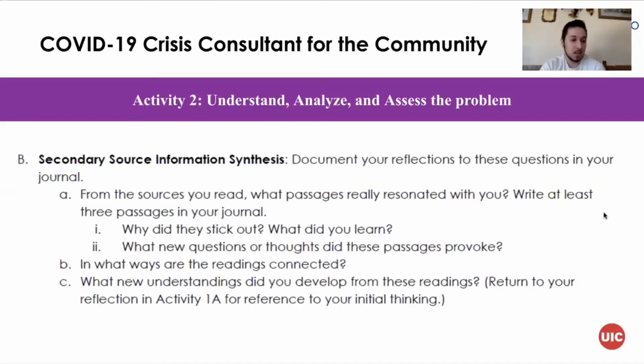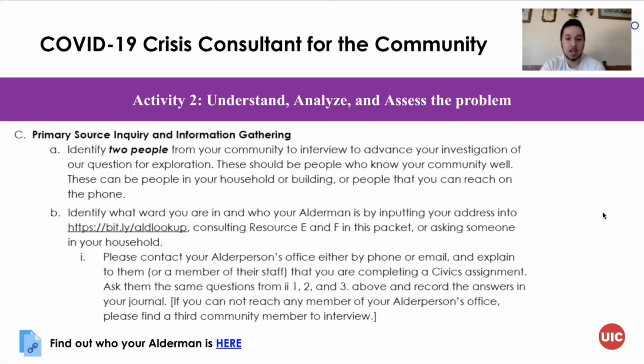In the next slide, we want you to identify 2 people in your community who are somewhat leaders. It could be a religious figurehead, a principal, a librarian, someone in your community.